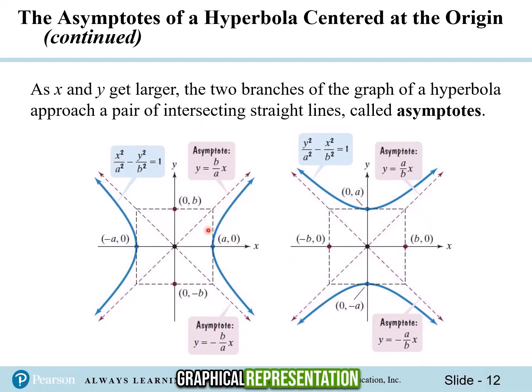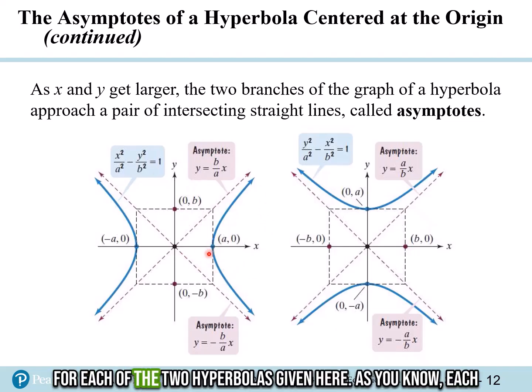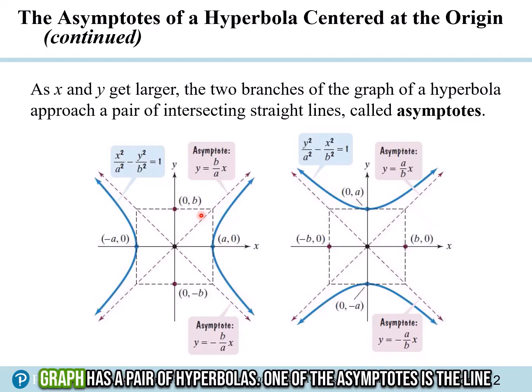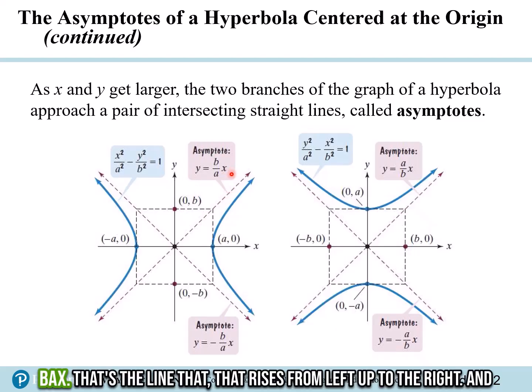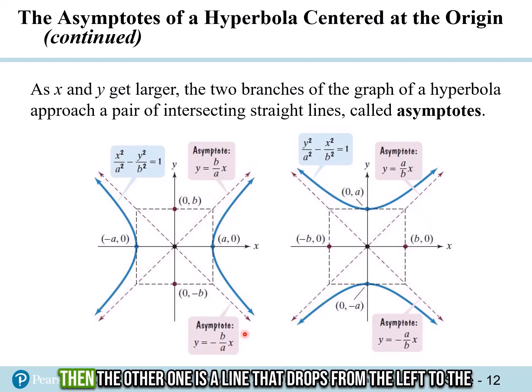Here's a graphical representation of the asymptotes for each of the two hyperbolas given here. As you know, each graph has a pair of asymptotes. One of the asymptotes is the line y equals b over a x. That's the line that rises from left to right, and then the other one is a line that drops from the left to the right.